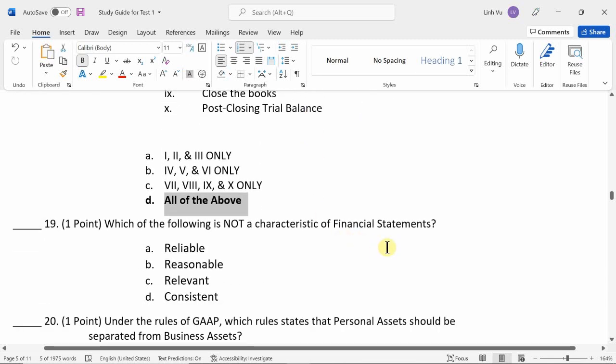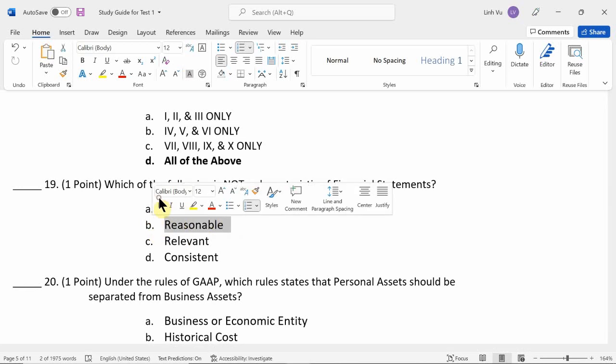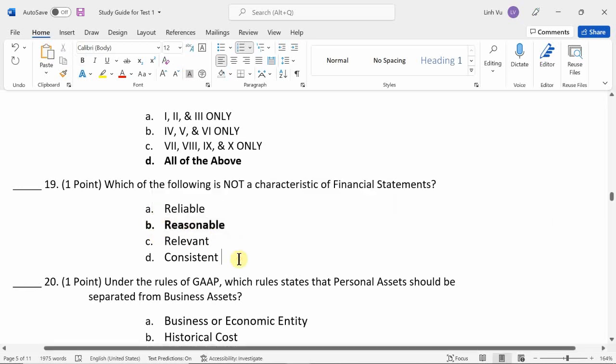Question number 19. Which of the following is not a characteristic of financial statements? Reasonable? Yes, right? How can financial statements be reasonable? It has to be reliable because, of course, people have to trust the information that you're providing.